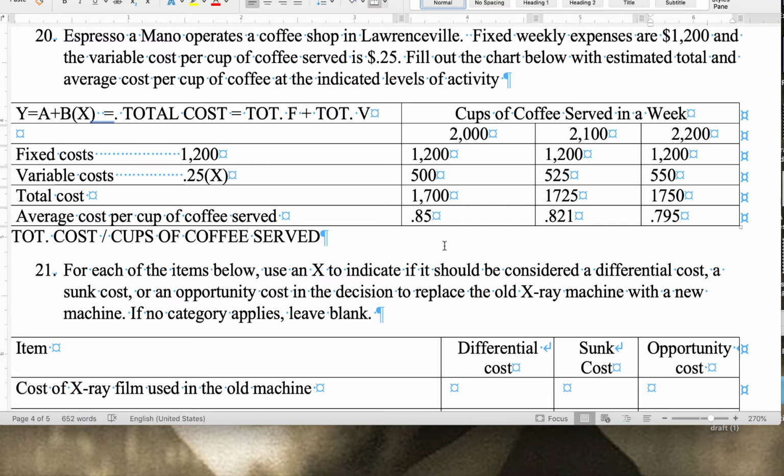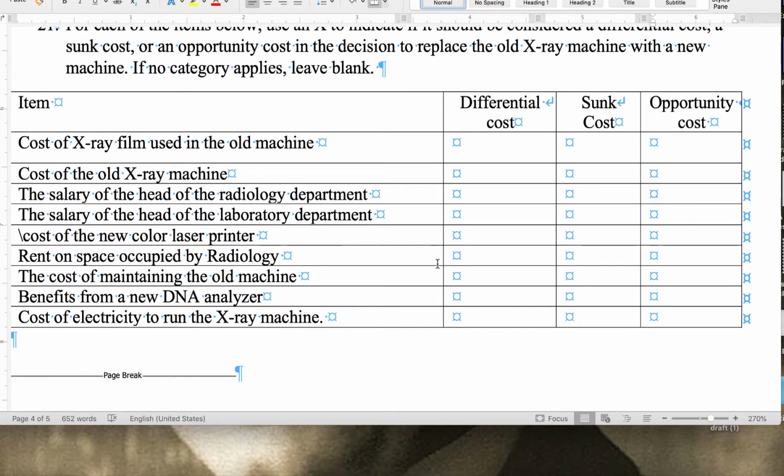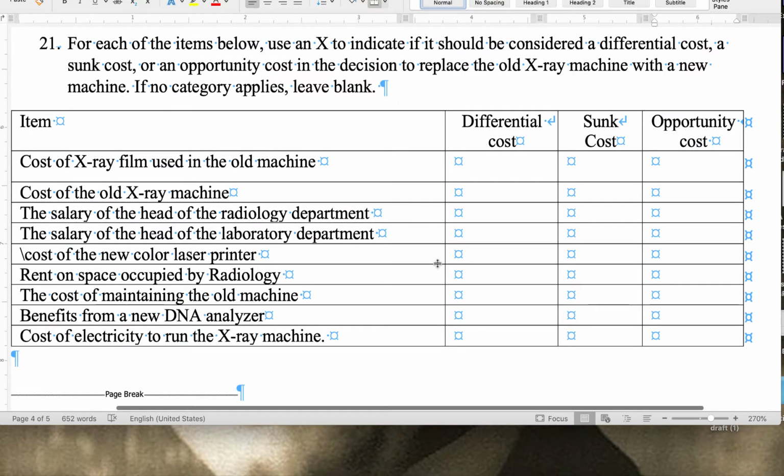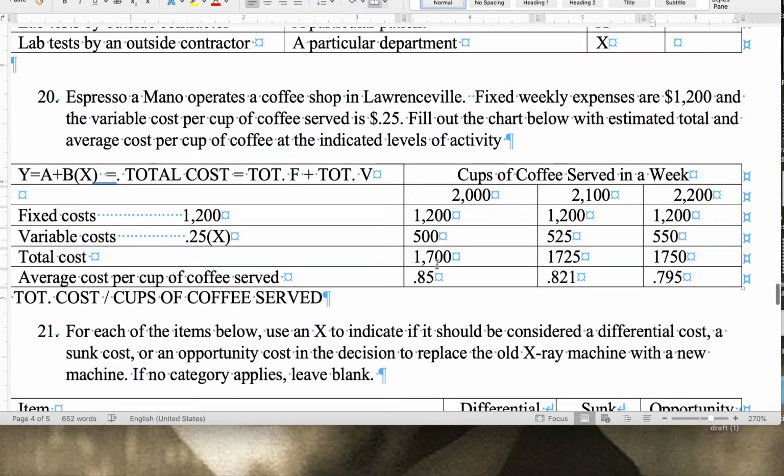Okay, let's look at exercise 21. Before we go there, I just want to reiterate one thing that's very important. You should definitely study this, put it in your notes, put it on a note card, whatever. Total cost is equal to total fixed costs plus total variable costs.